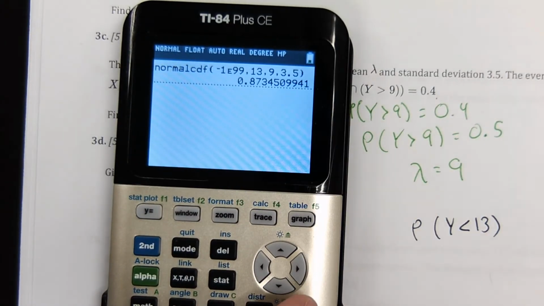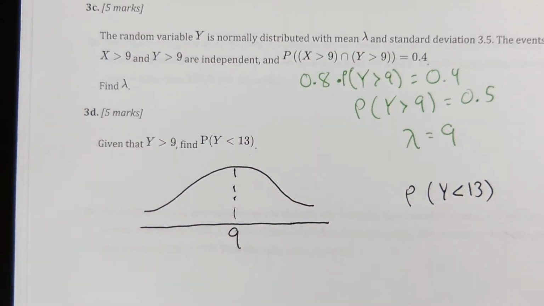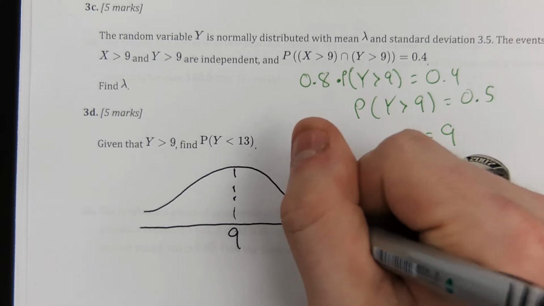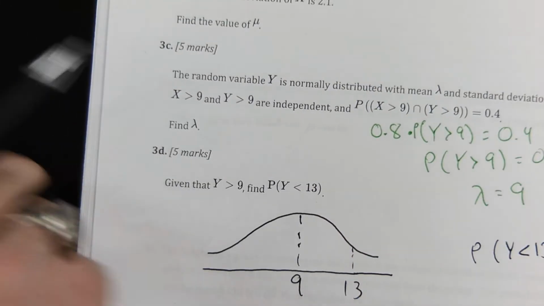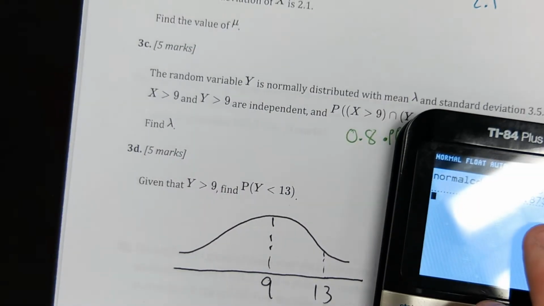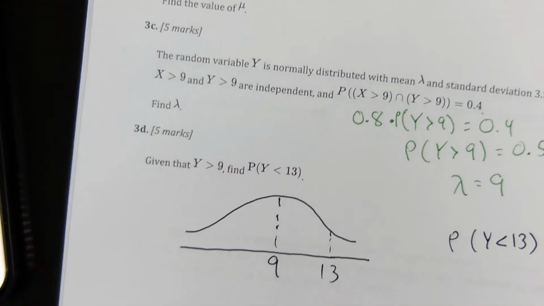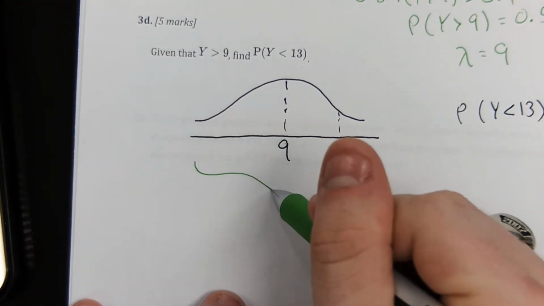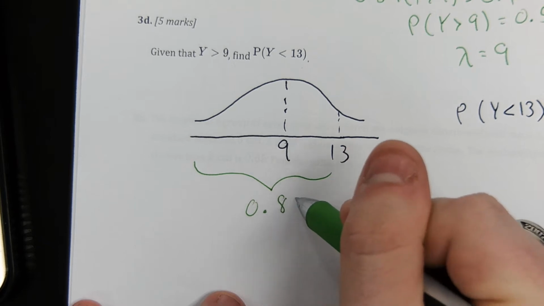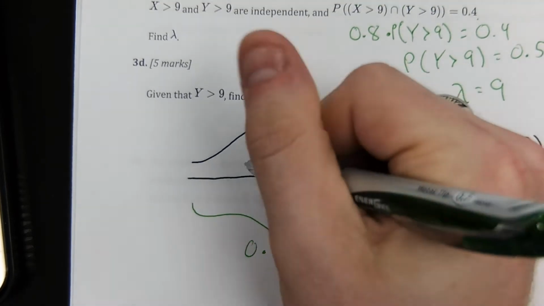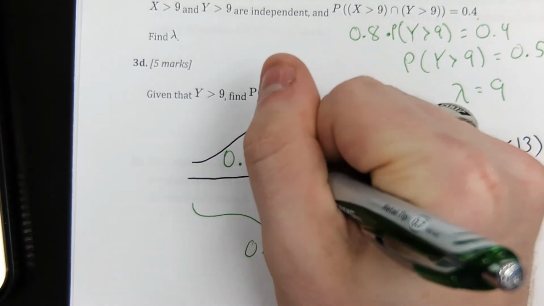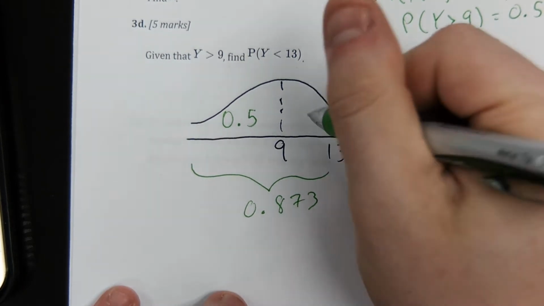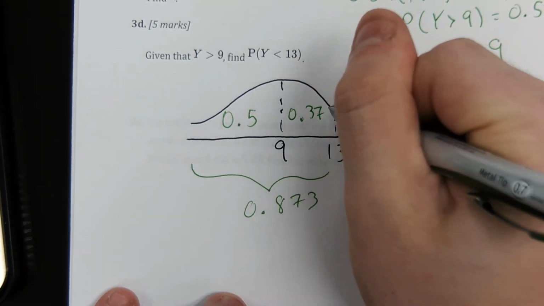That is the probability that a number is less than 13. So that's 0.873-ish. So all of this represents 0.873-ish. So if this is 0.5, this is 0.373-ish.